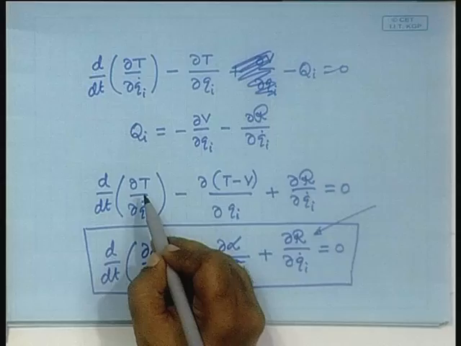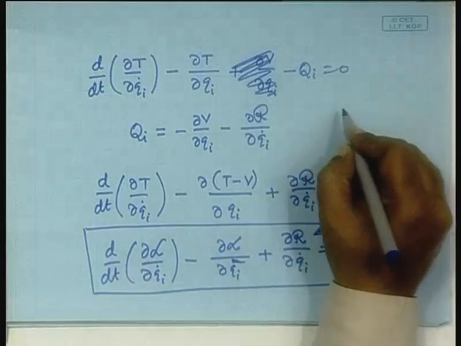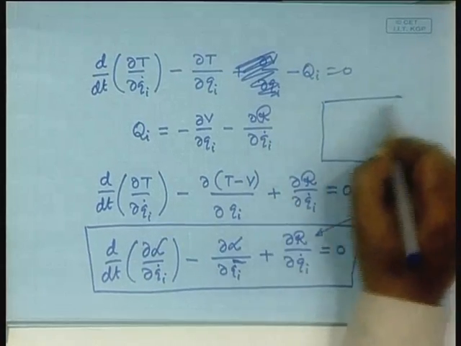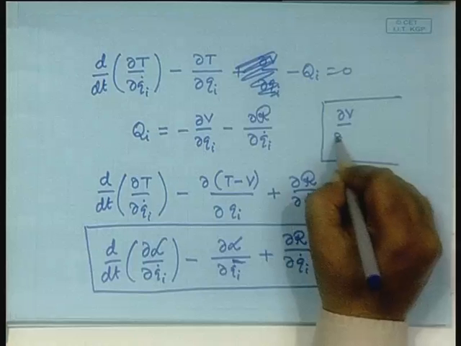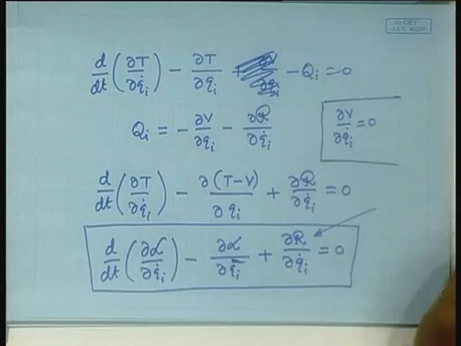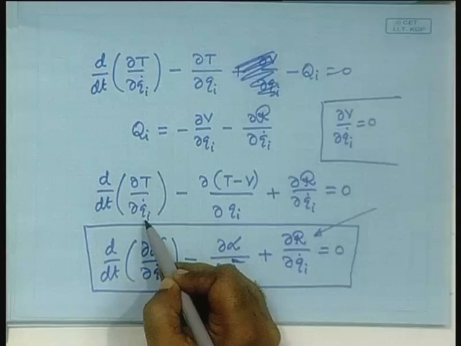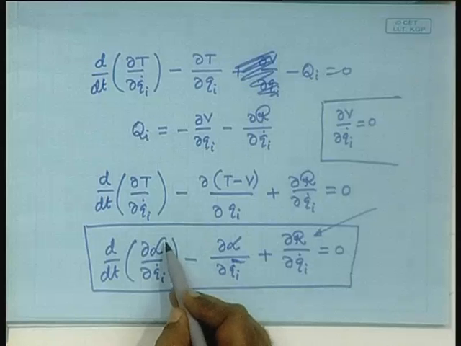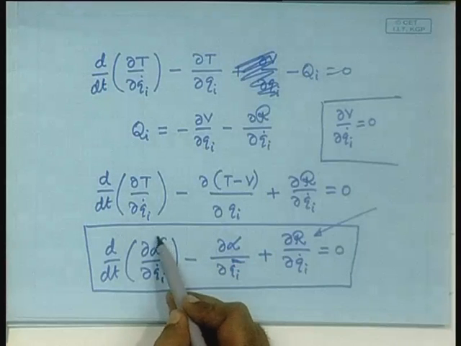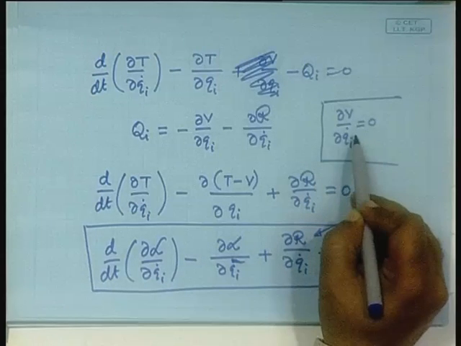By the way, before we proceed, I would draw your attention to something that we have said, which one tends to take for granted. We said that this to this is possible only when I will write it here, only when, because actually it was the partial derivative of T with respect to q_i dot, but we had replaced it, in order to simplify the notation, by the Lagrangian with respect to q_i dot, and that assumes that the other term is 0.